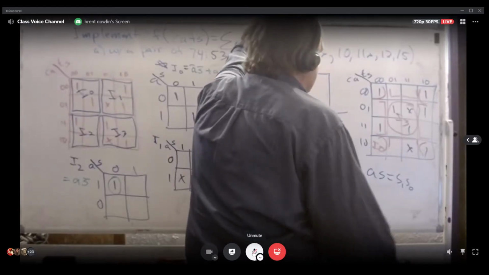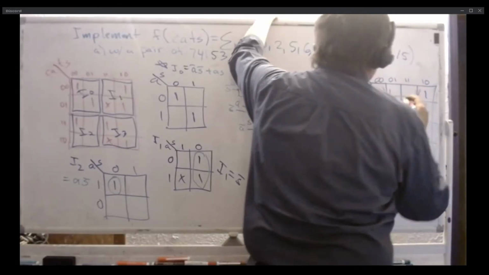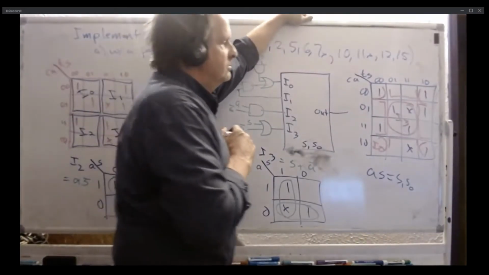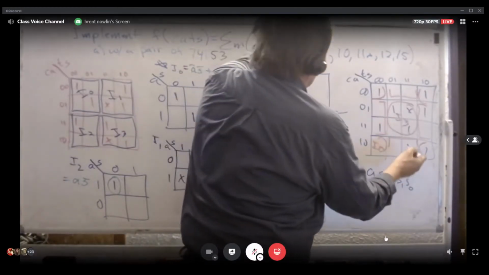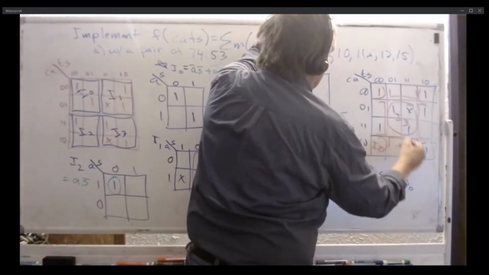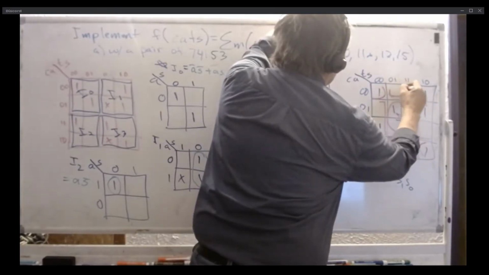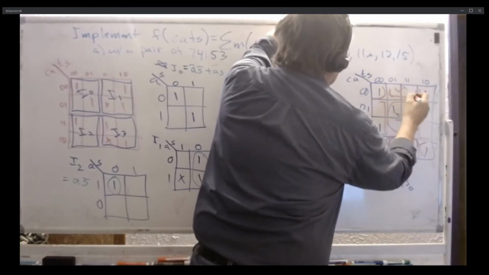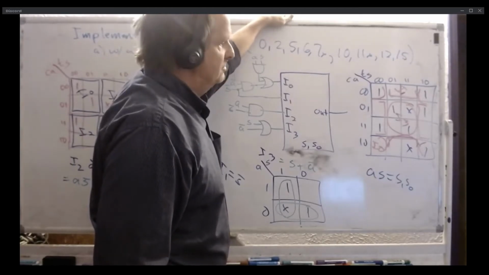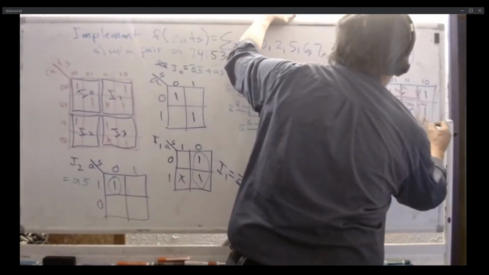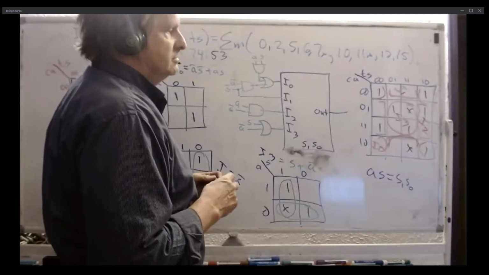So where does that happen? Well, A is off for top row, bottom row. S is on for the middle two columns. So that's why this wraparound is I1. Do you buy that? And the remaining space, by process of elimination, must be I2.